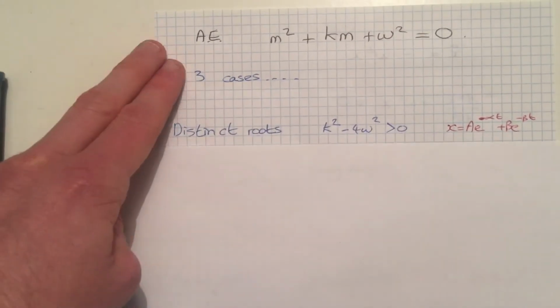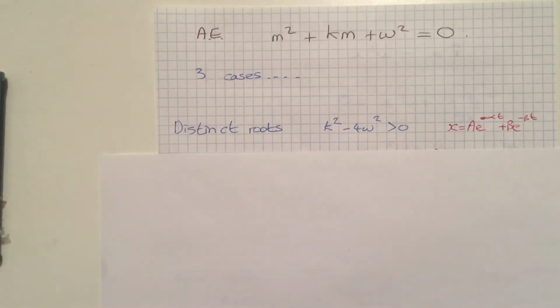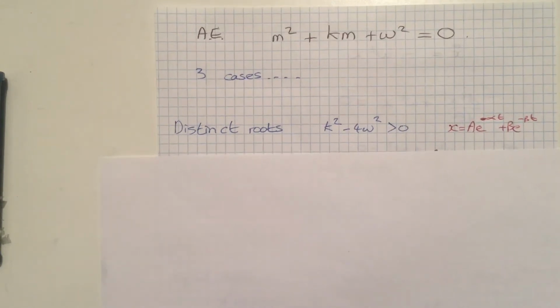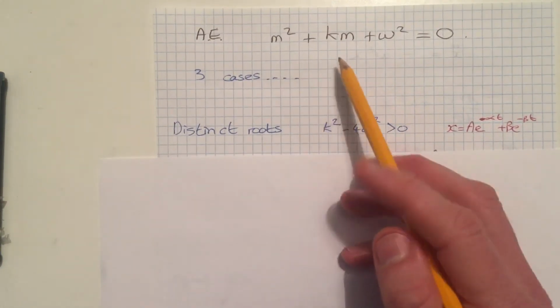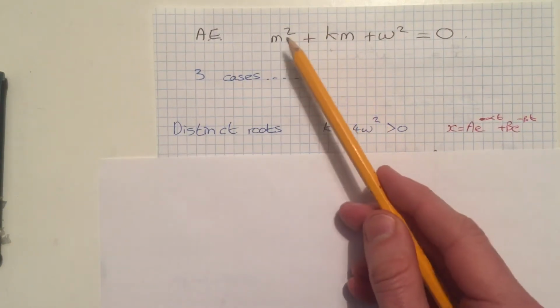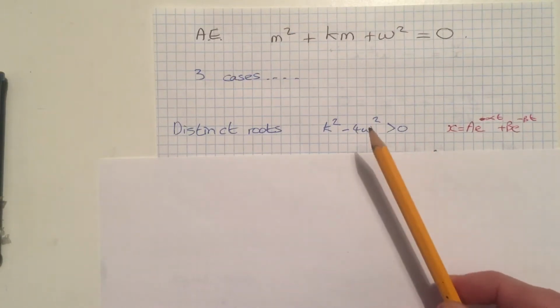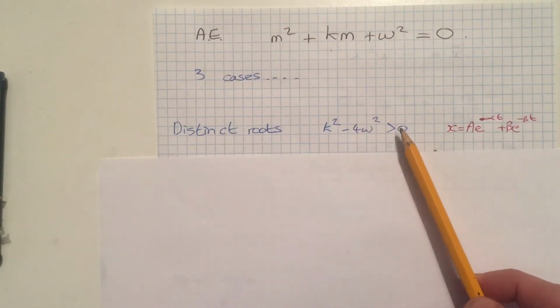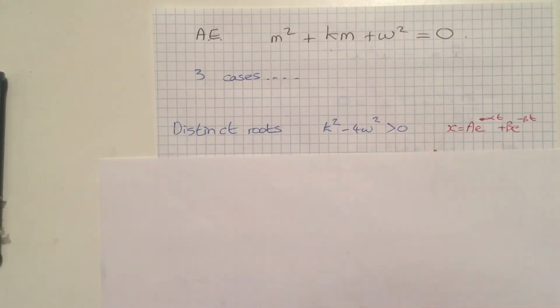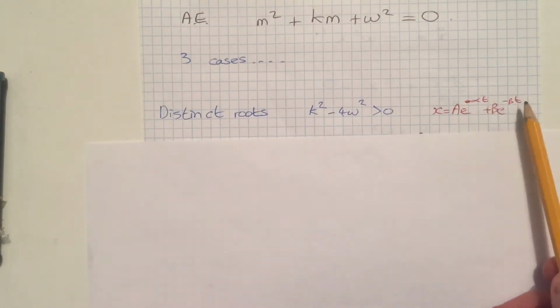So first case, what if this auxiliary equation had distinct roots? The discriminant, b squared minus 4ac, so k squared minus 4 times 1 times omega squared. What if our discriminant was positive? That would mean there are 2 distinct roots, and our general solution could be written like this because we've got 2 different roots.